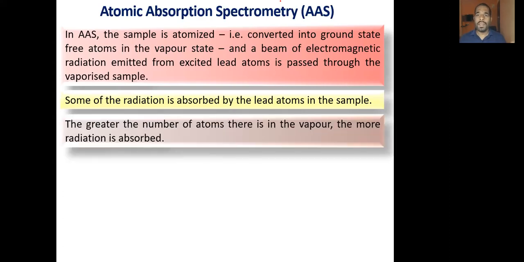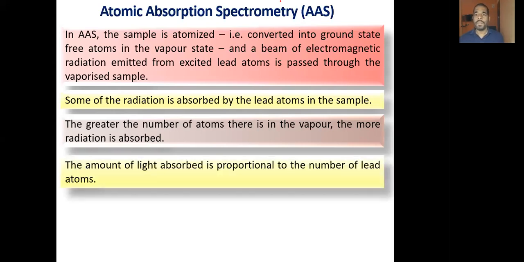The greater the number of atoms in the vapor, the more radiation is absorbed. So if the number of atoms is high, then more radiation will be absorbed. The amount of light absorbed is proportional to the number of lead atoms.